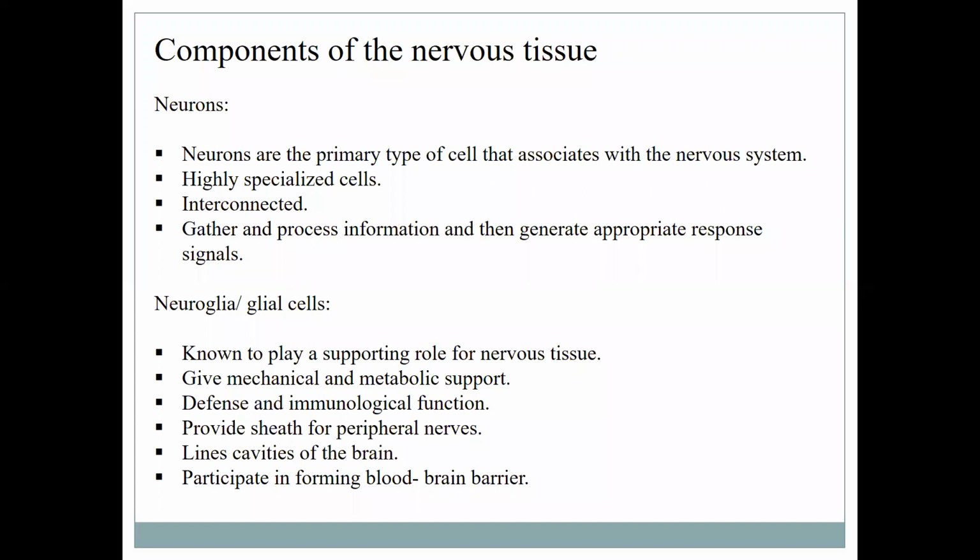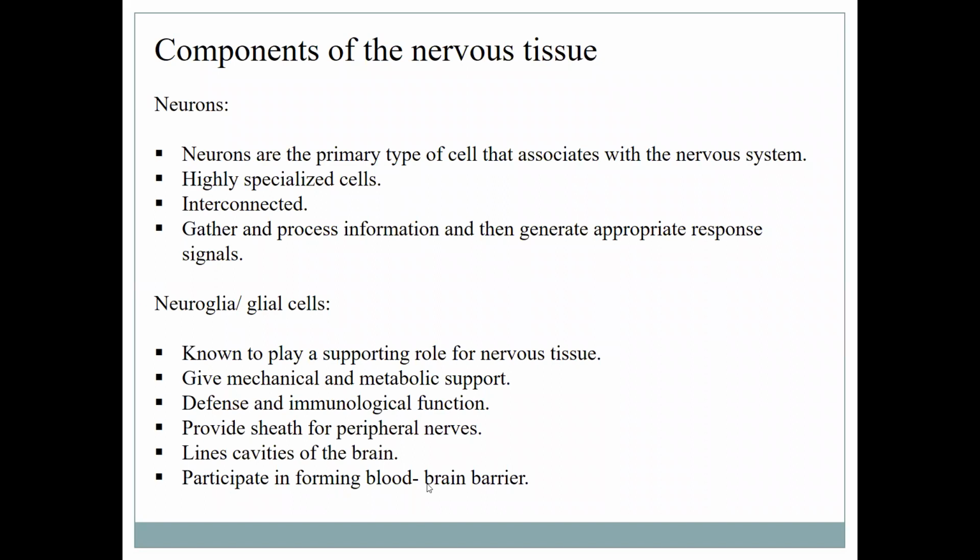They are the immunological cells in the nervous system. In the peripheral nerves, they provide sheaths. And in the brain, they line the brain cavities. They act as the epithelial cells of the brain cavities.